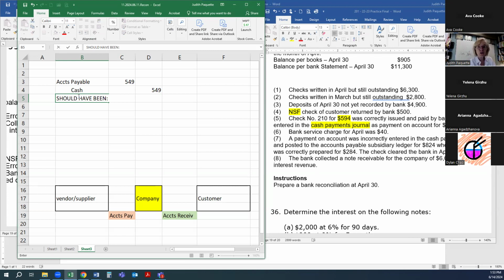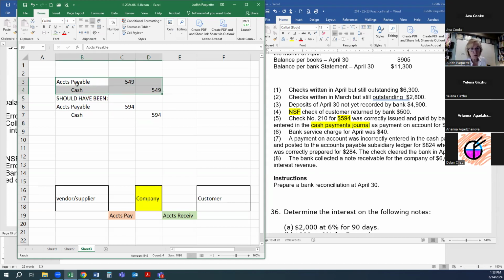What it should have been was a debit to accounts payable, credit to cash, and it should have been 594. So this is the error here.